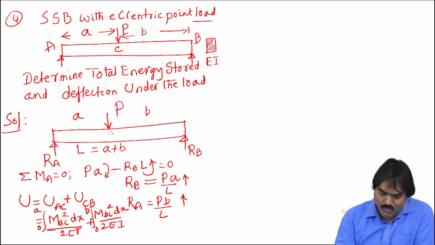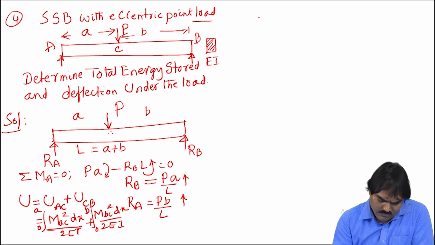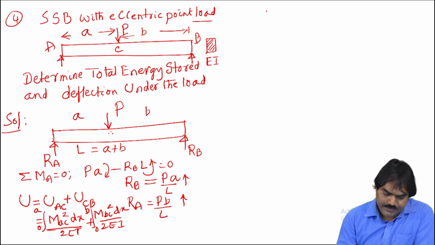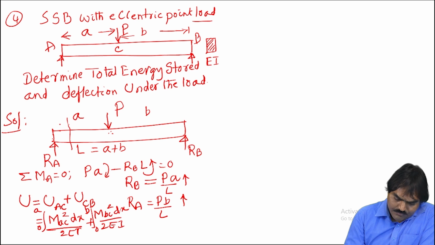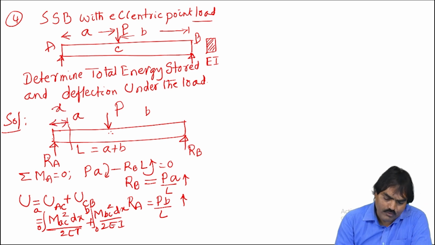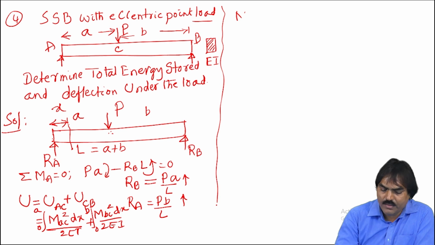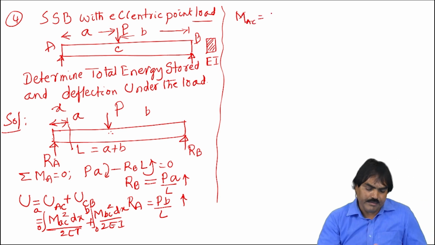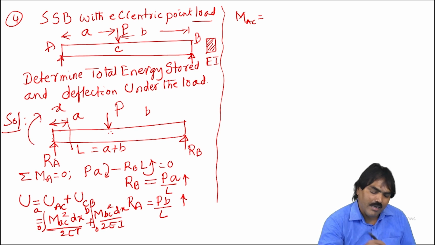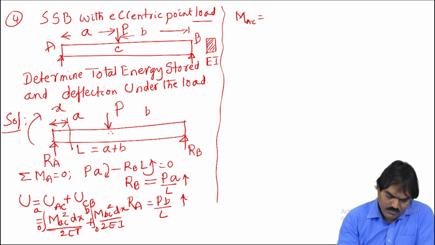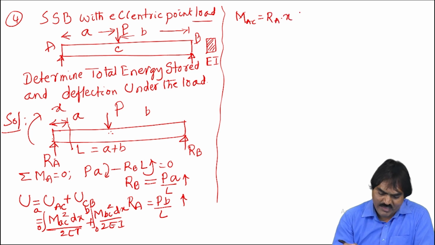Right. Now, what is the moment equation from A to C? If I take a section here, at a distance equal to x, the moment is equal to force into perpendicular distance. That is MAC is equal to, see, this gives a clockwise moment. Clockwise moment generally we take positive. That is RA into x.